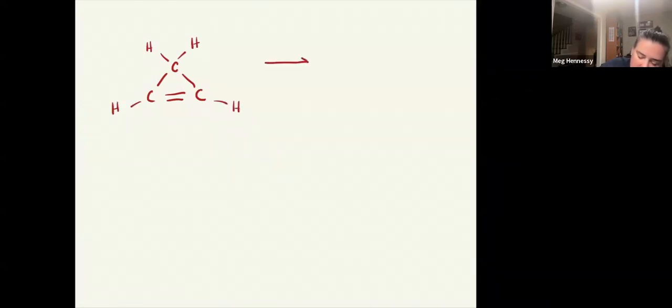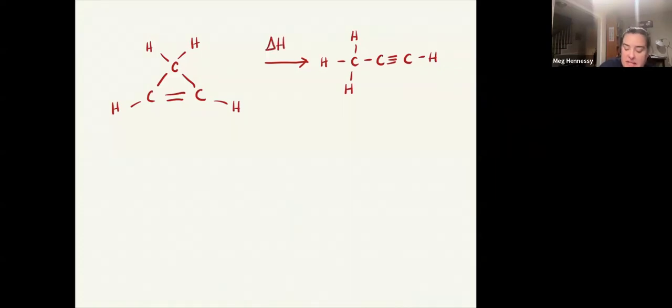And I'm thinking about converting it into propyne. And my question is, is the enthalpy change for this reaction positive or negative? So I'm trying to figure out which one of these is more stable by solving for the delta H.